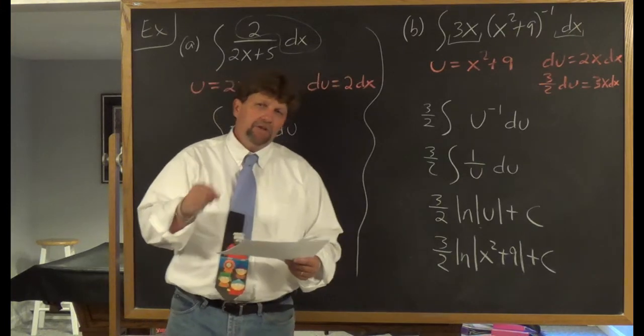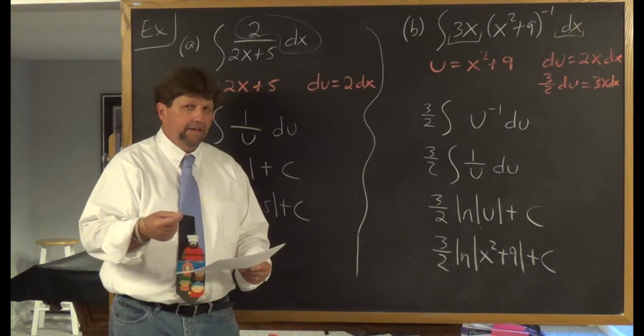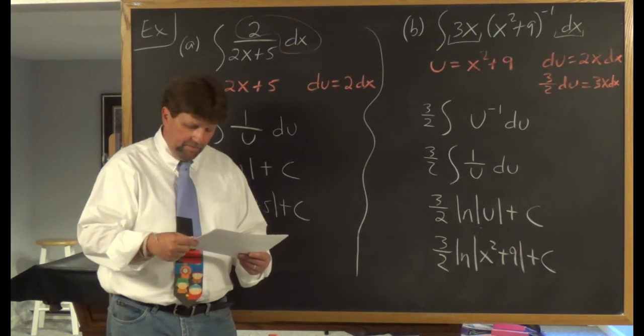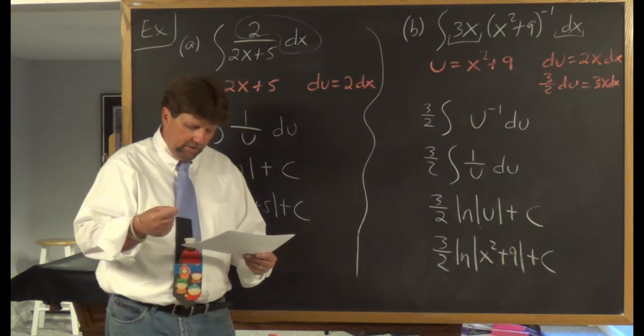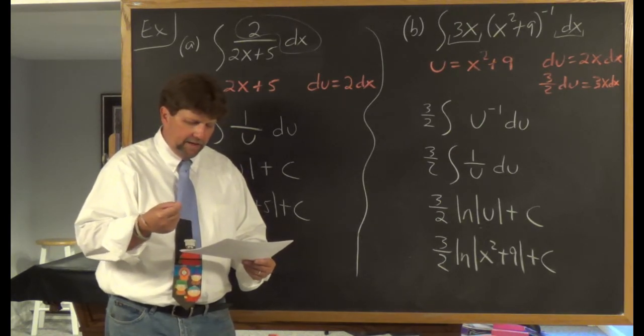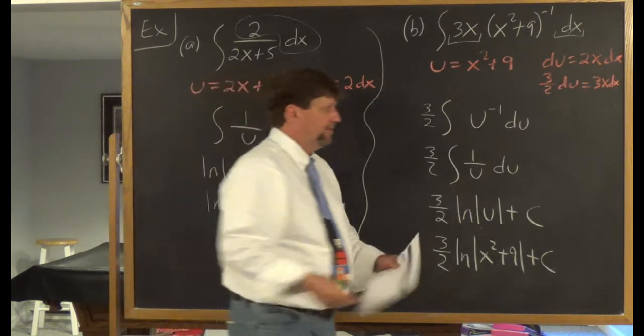All right, so I need to make sure that you understand this. So you know what I'm going to tell you to do. I'm going to tell you to pause the video and do a homework problem. So what I'd like you to do is pause the video, and why don't we try 2 of them.